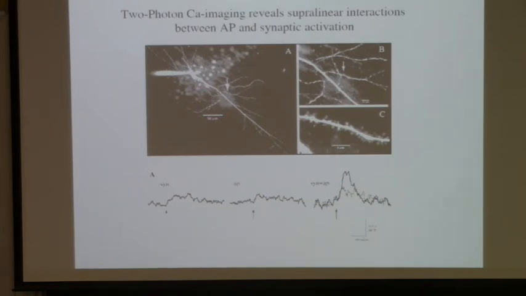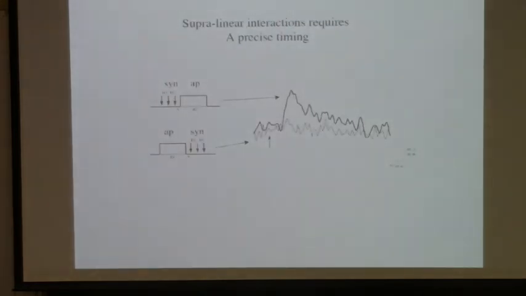So that was the first important thing. And here's another cute thing. It depends on the order in which you produce the action potential and the synaptic activation. So here you can give the action potentials first, and then the synaptic activation, and you get a moderate amount of increase, basically kind of like a summation of those.